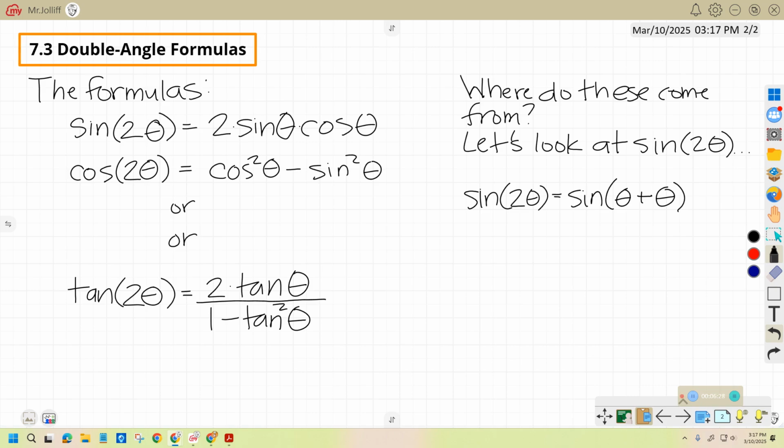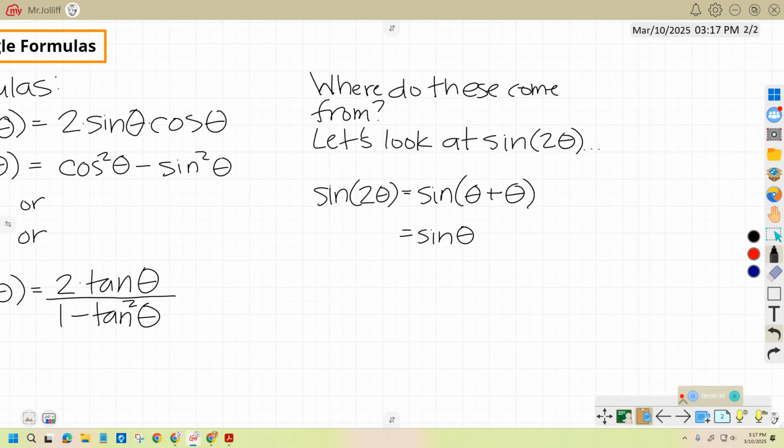So the sine addition formula says sine of the first, I'm going to have to scooch you over here a little bit, times cos of the second, plus sine of the second times cos of the first.